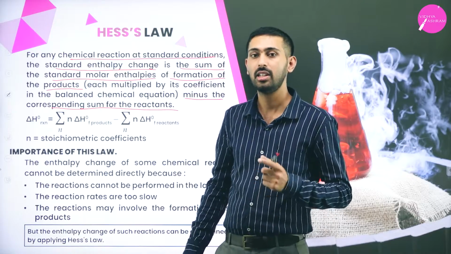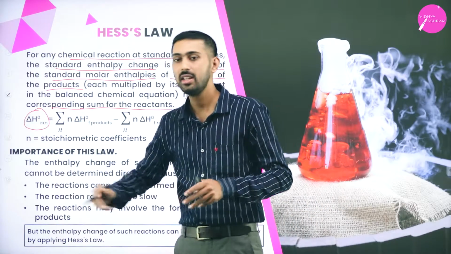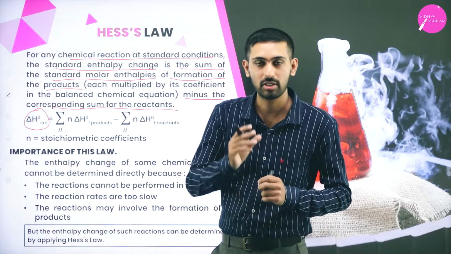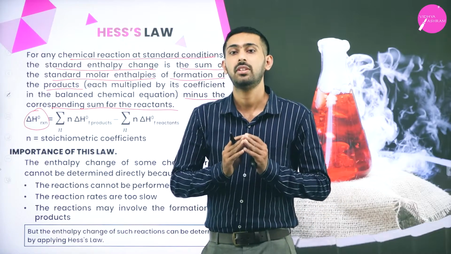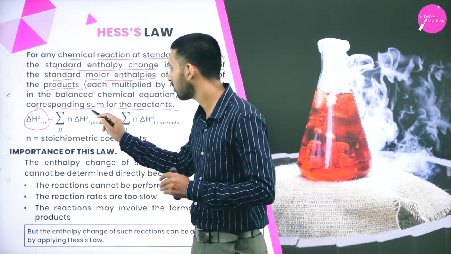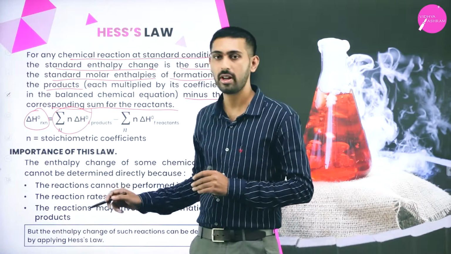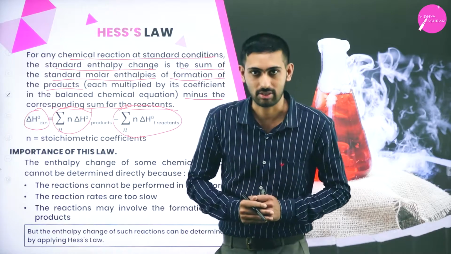Here you are calculating the change in enthalpy for some chemical reactions. How will you come to know how much enthalpy is required? First we take the enthalpy of products minus the enthalpy of reactants.